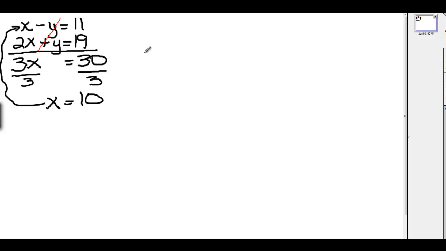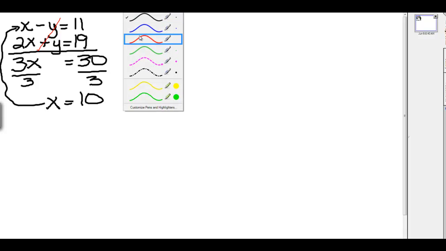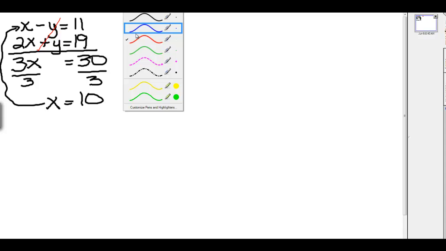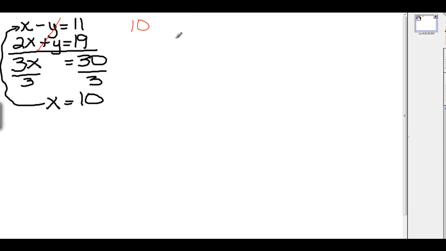So 10 goes in place of the x, and then the rest of the equation, minus y equals 11. So we're just plugging in the 10 in place of the x.